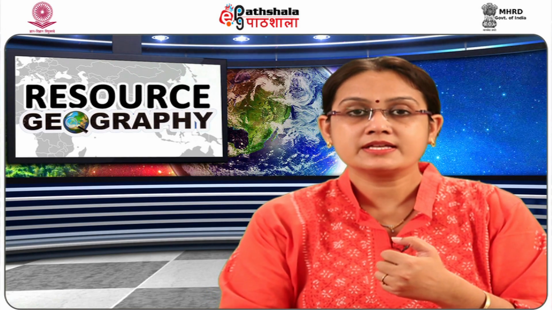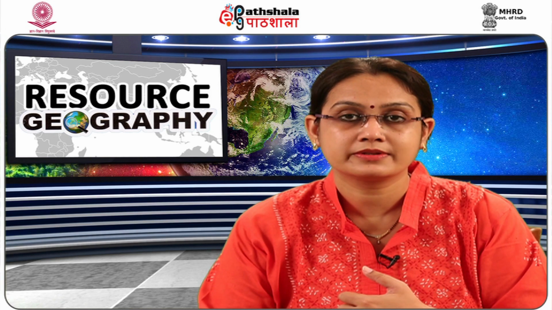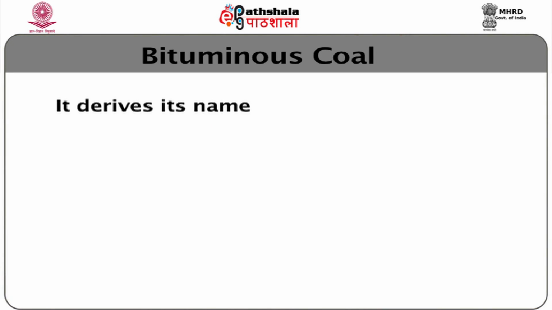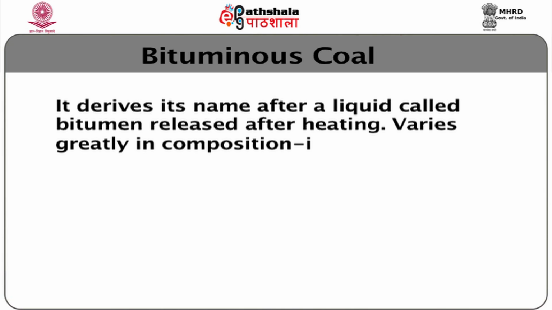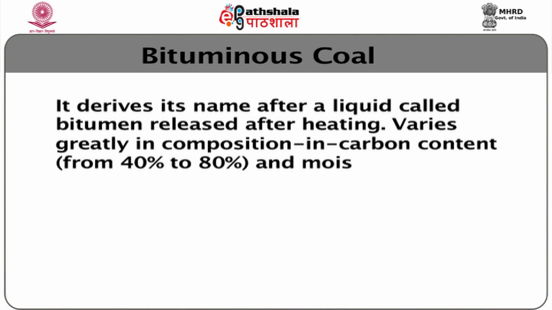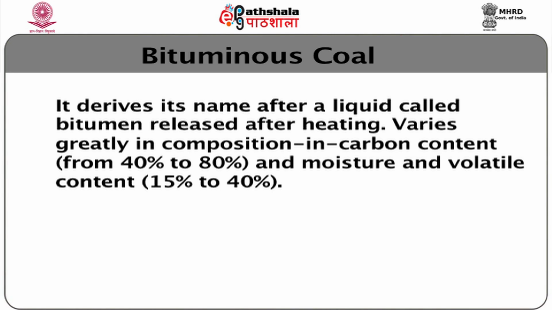Bituminous coal is the most widely used coal. It derives its name from a liquid called bitumen released after heating. This one varies greatly in composition in amount of carbon content, from 40% to 80%, and the moisture and volatile content also varies from 15 to 40%.